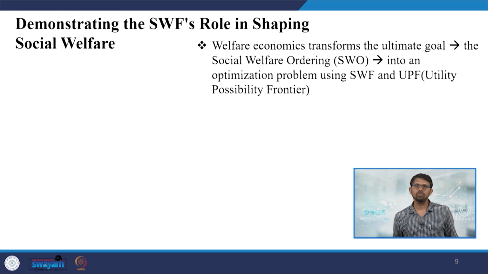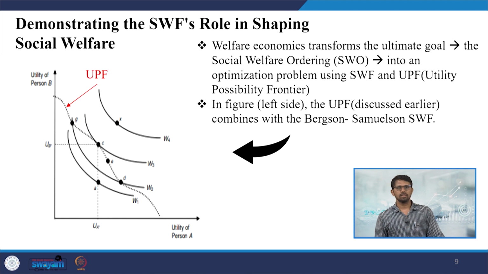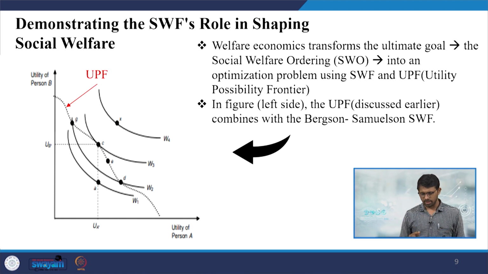Welfare economics transforms the ultimate goal from the SWO to the SWF, also utilizing the utility possibility frontier. In this figure, which we discussed already in another chapter, we have used the concept called the utility possibility frontier.